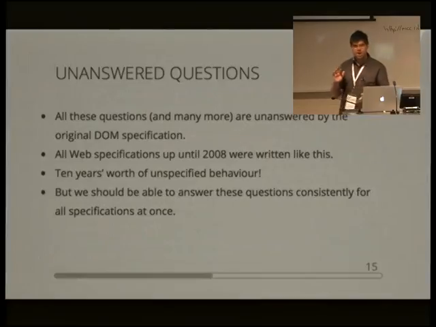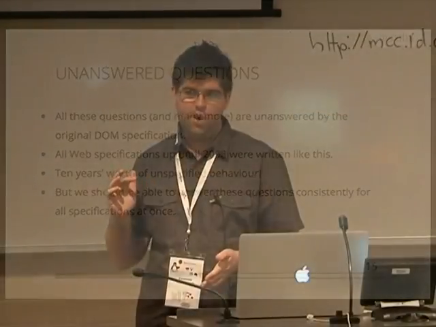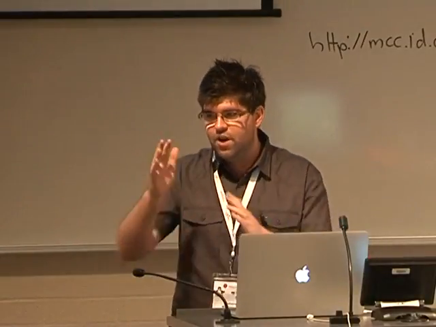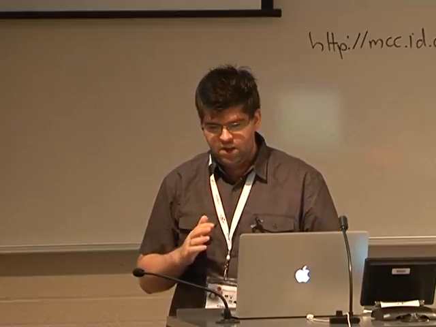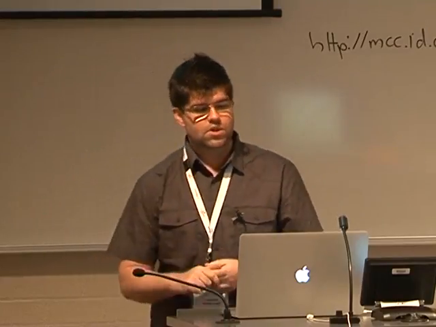All of these questions, and various others, are unanswered by the original DOM specification. Unfortunately, all of the web specifications up until about 2008 were basically written like this. So we had about 10 years of unspecified behavior that browser developers have had to reverse engineer from each other to see in what exact ways these properties are meant to be exposed to JavaScript.